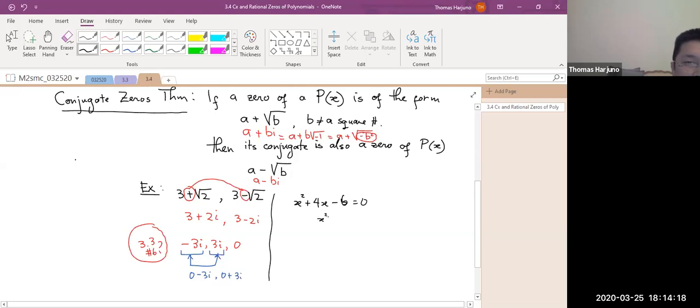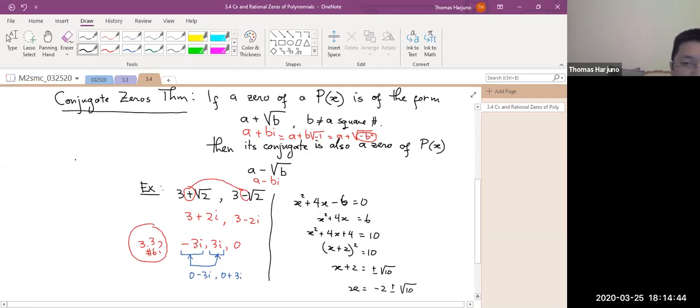Then x squared plus 4x equals 6. x squared plus 4x plus 4 equals 10, right? So x plus 2 equals plus or minus the square root of 10. So x equals negative 2 plus or minus the square root of 10.